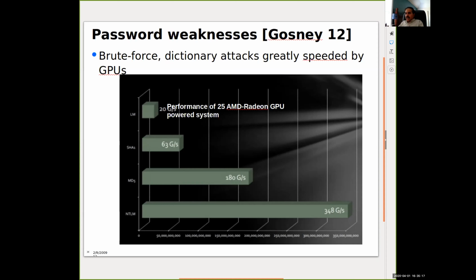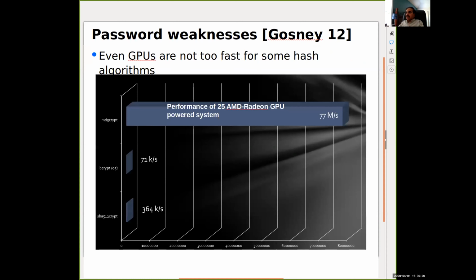So over time, people have changed the hashing algorithm that is used. There are a few more modern algorithms like MD5 crypt, where these GPUs can do only millions, not billions, of operations per second.